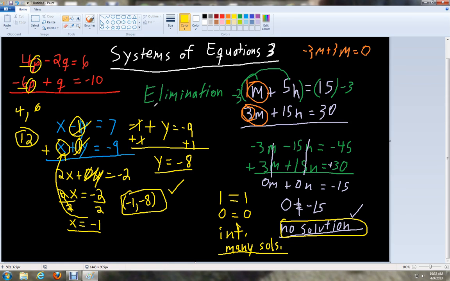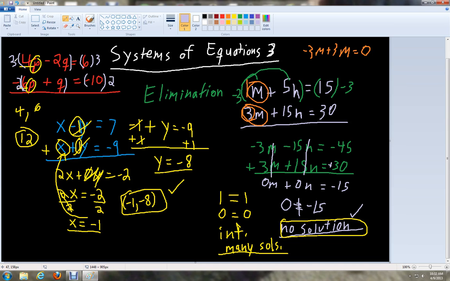So what you could do is multiply both sides of this equation, let's say by 3. 3 times 4 is 12. And then for the second equation, since this is a negative, we need negative 12, so we just multiply that by 2 on both sides.